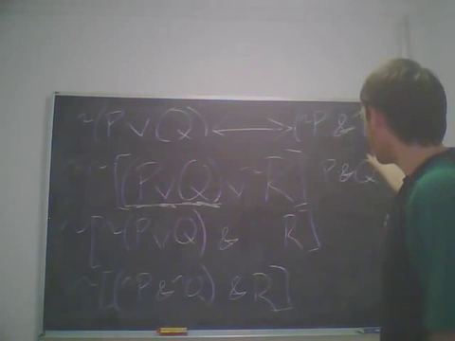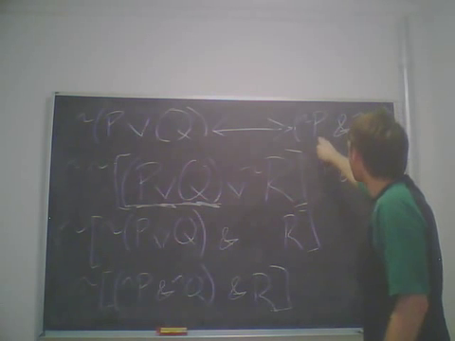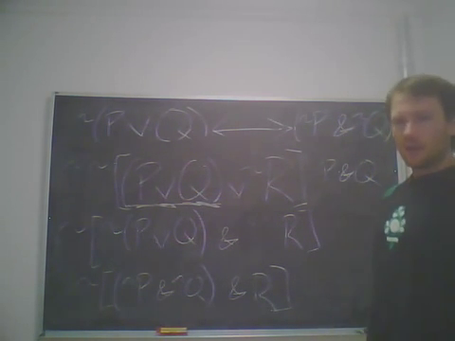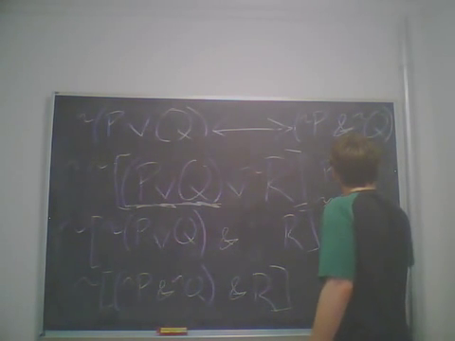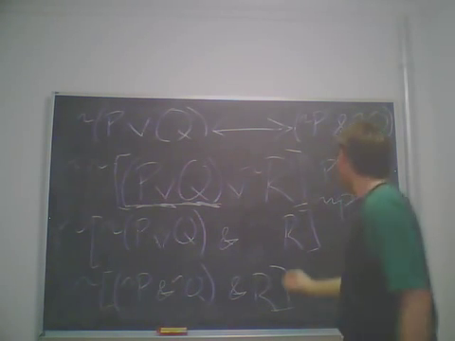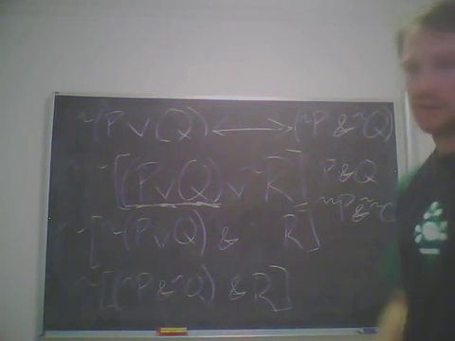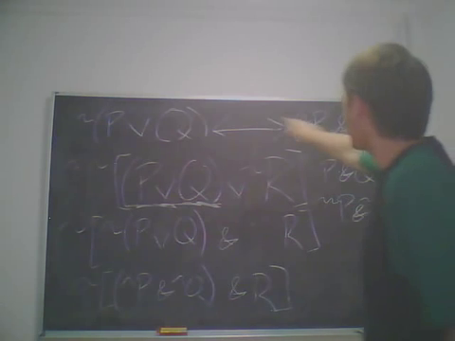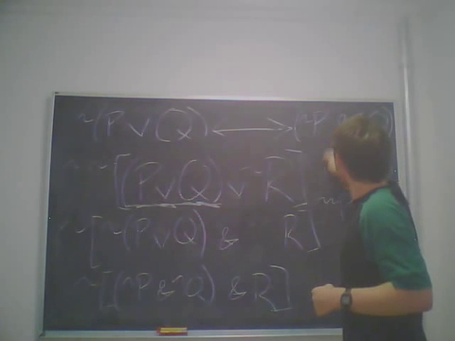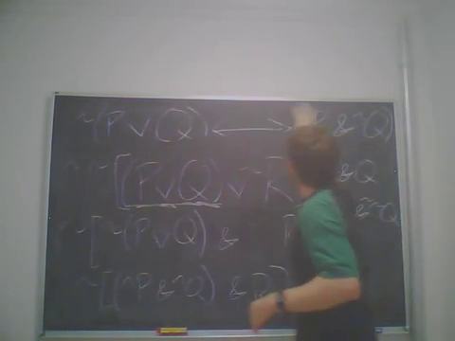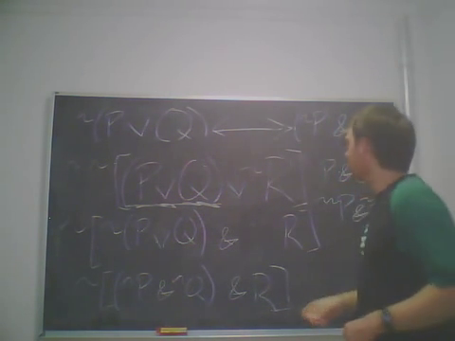Again, I see that I need negation symbols in order to go from conjunction to disjunction, but I need them in front of each particular propositional variable. So I negate, and that doesn't change anything because it's double negation in front of P, which is just as good as P, same thing for Q. Then in order to go from and to or, I have to pull a negation out, which means I drop a negation from in front of P and Q, and then add one to the outside of the parentheses.